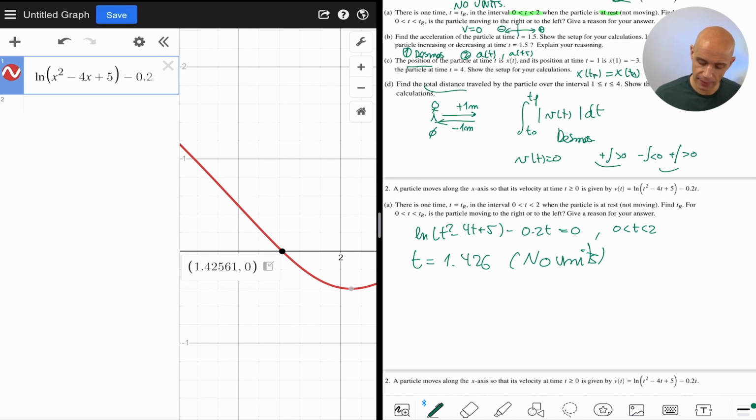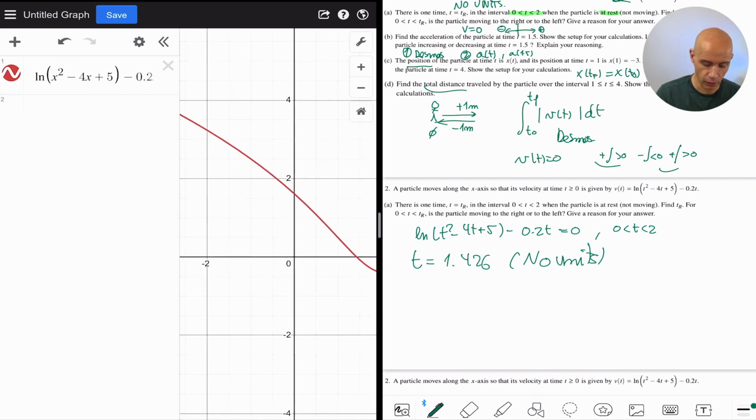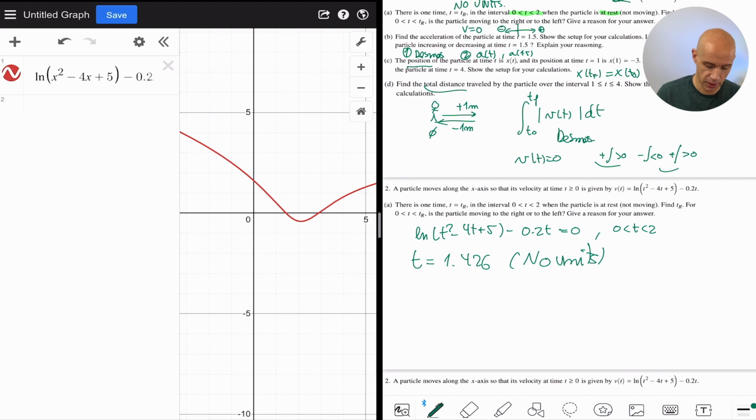Now, for the times that are before this instant when the particle is at rest, is the particle moving to the right or to the left? So if we look at the graph here, that helps to have this graph here, you can see how it's all the time positive.